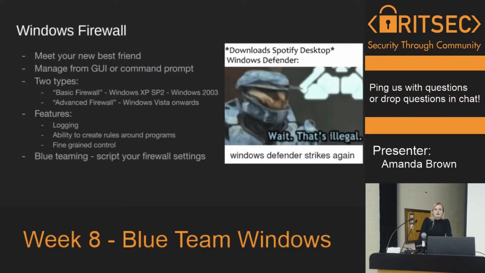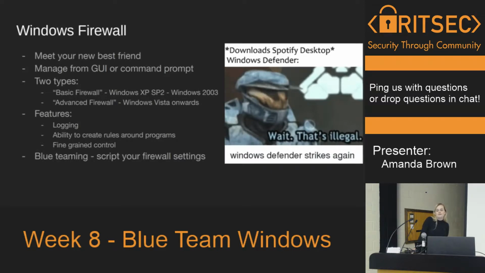There are two main types of Windows firewalls. So you have basic firewall, which is Windows XP Service Pack 2 through Windows 2003, and advanced firewall, which is Windows Vista and onwards. The very first firewall was called the Internet Connection Firewall, which was deployed on XP boxes.